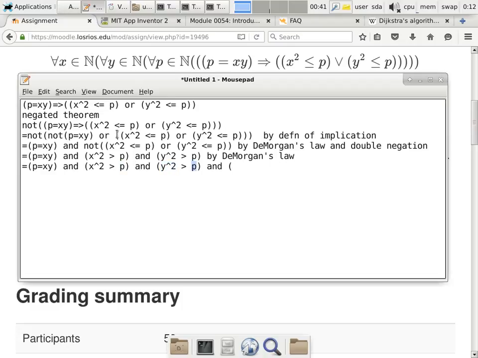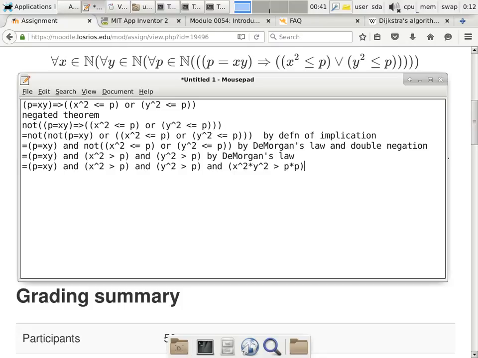Is that okay? All right, so we can combine those two and say x squared times y squared, I'm just going to use a multiply here just to be clear, is greater than p times p. Does it make sense?